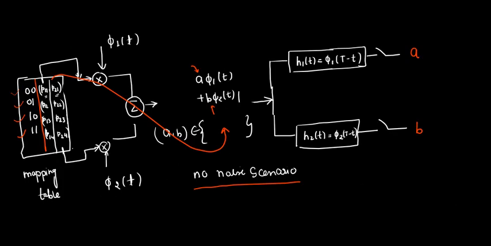So, at the receiver the form will be A phi 1 t plus B phi 2 t. So, your aim must be to extract A and B. Once you know A and B, since you have this decoder table here, you can simply decode it, correct?